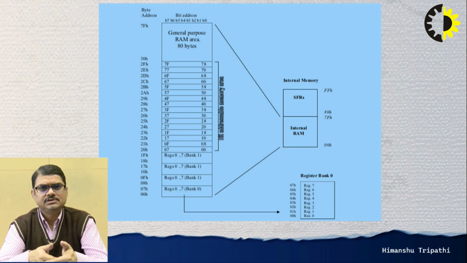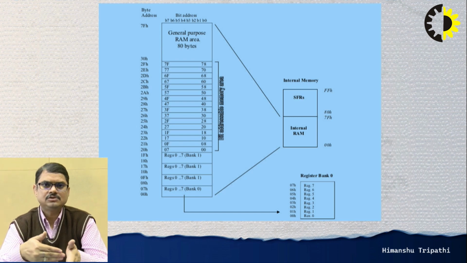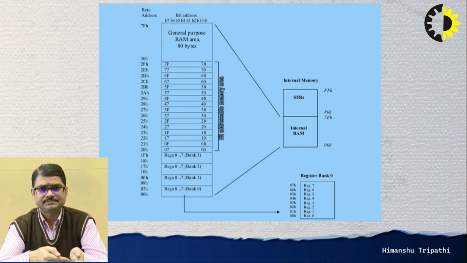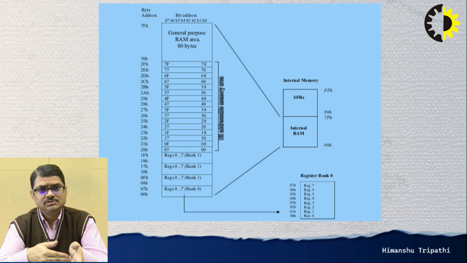The names of the registers are R0 to R7. If we are talking about memory bank 0, we can say this memory bank has 8 registers, and these registers are named R0, R1, R2, R3, R4, R5, R6 and R7.